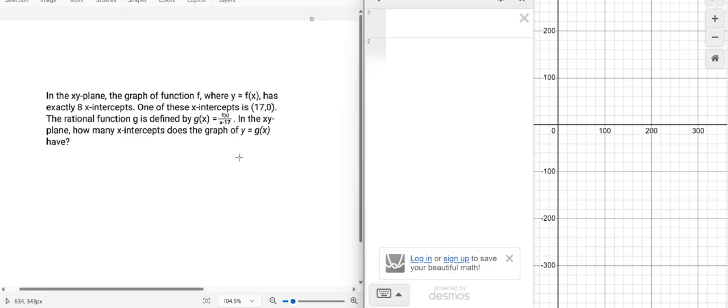In the xy plane, how many x-intercepts does the graph of y equals g(x) have?